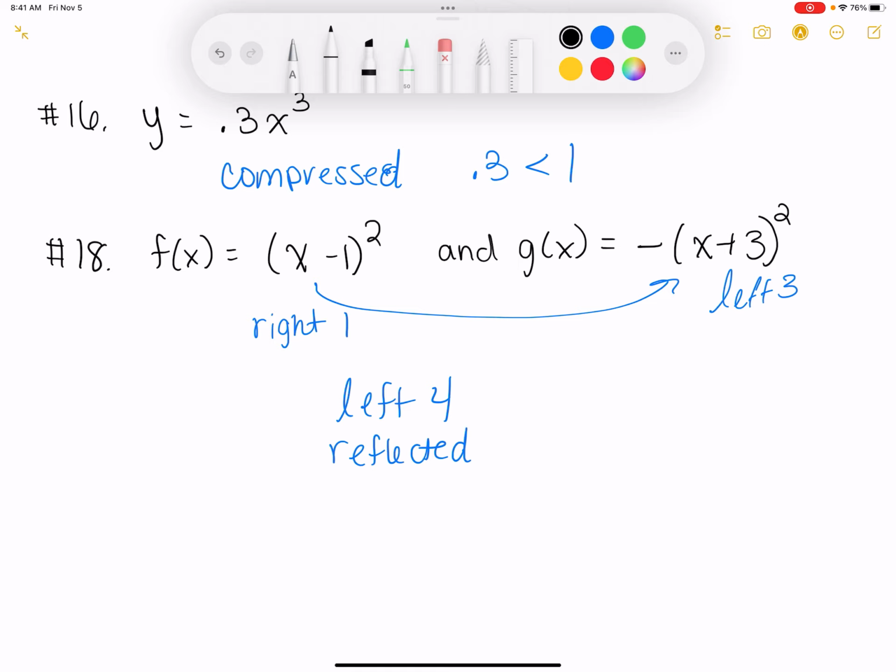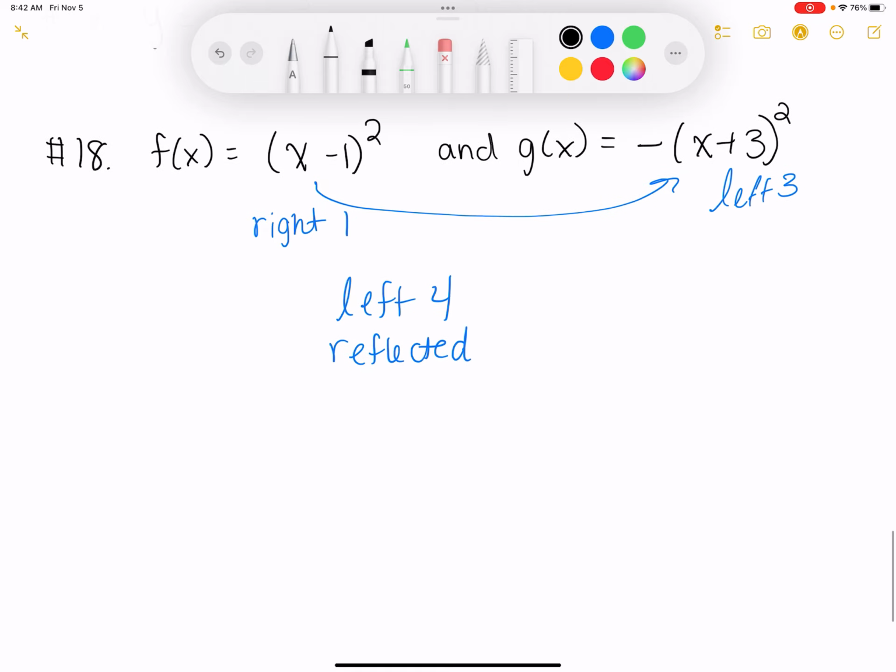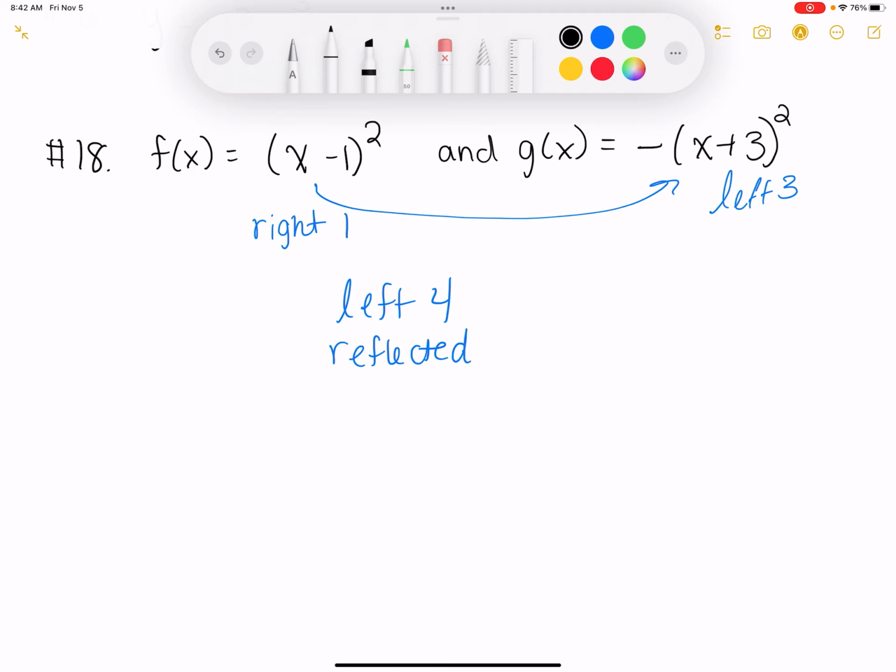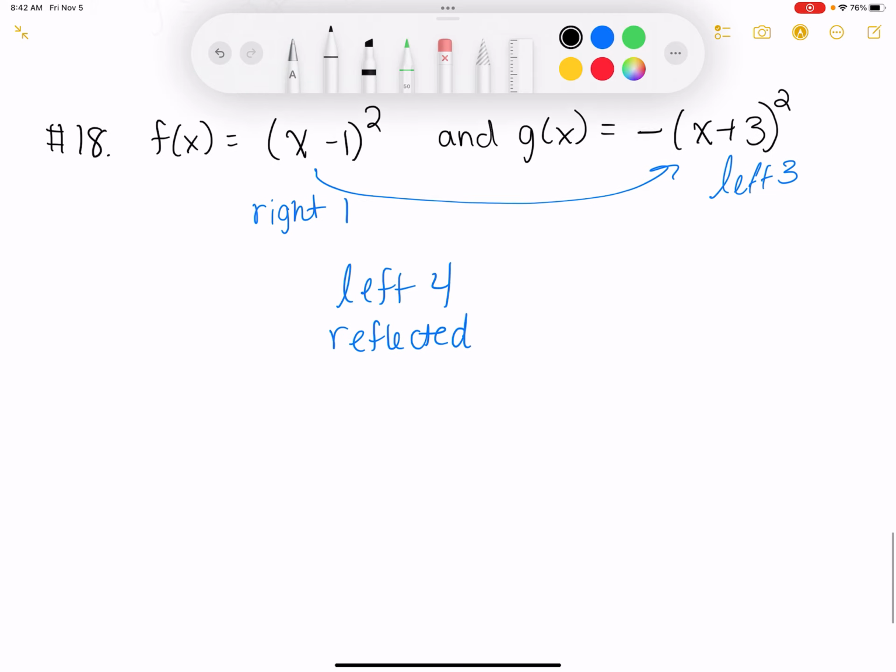Describe a basic graph and sequence of transformations that can be used to produce a graph of the given function. So essentially, all I want you to do is tell me, here is the function, how am I moving it from the parent function? So just like what we're doing up here. I'm kind of modifying the instructions a little bit.